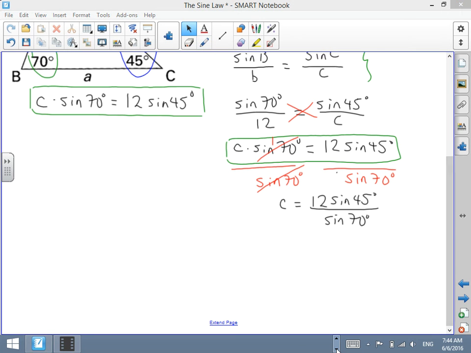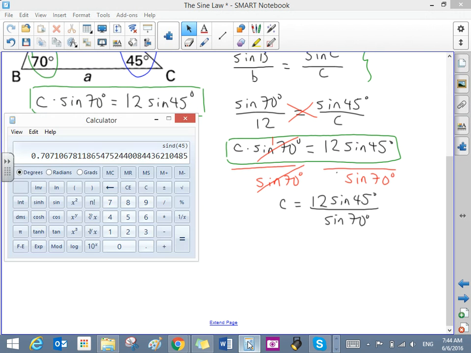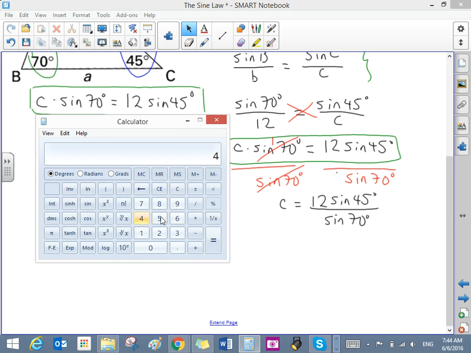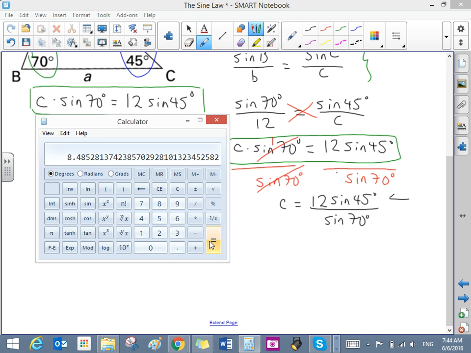So using the calculator and a set of parentheses, I'm just going to clear this out. I'm going to start with the sine of 45, and notice I'm in degree mode. I'm going to multiply that by 12 and hit equals. So I now have the answer for the numerator. Okay, so let's go ahead and divide by the denominator.